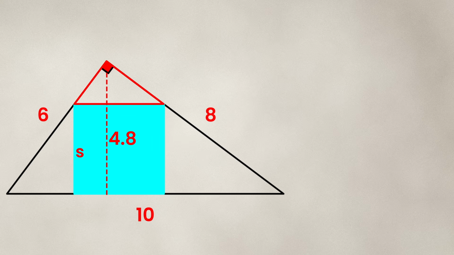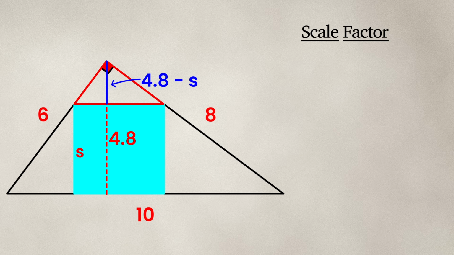We know the large triangle's height is 4.8, and the square takes up a height of s. So the small triangle above the square has a height of 4.8 minus s. Now, to get the scale factor, we compare the heights. The small height, 4.8 minus s, over the original height of 4.8, and that's our shrinking factor.